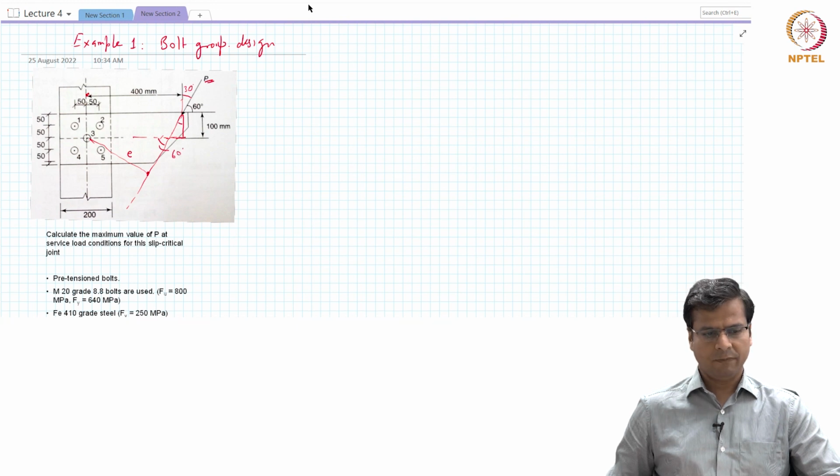We know that this height is 100 millimeters, is given here, and we know that this length from the centroid to this point where the load is acting is 400 millimeters.